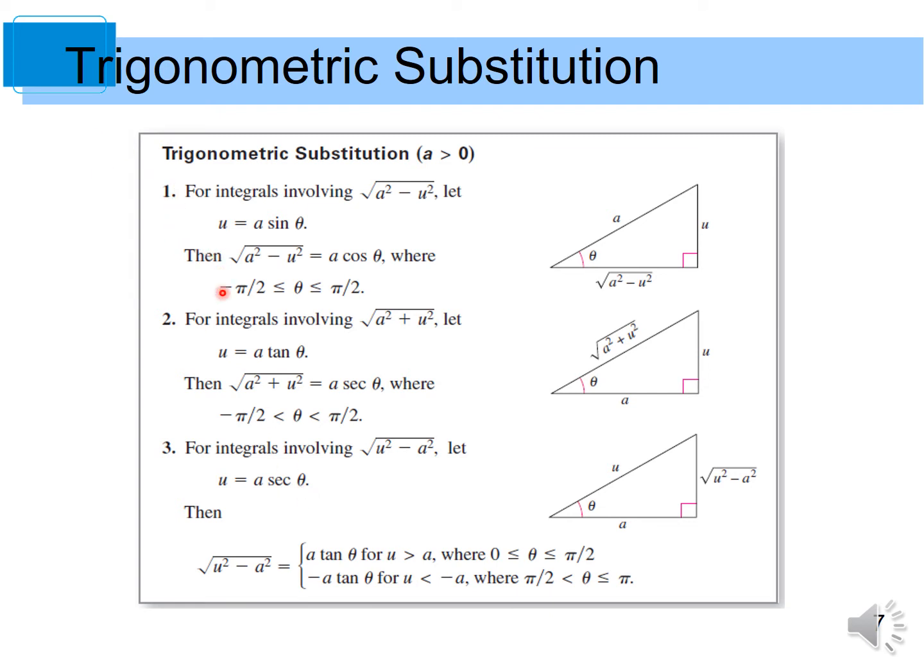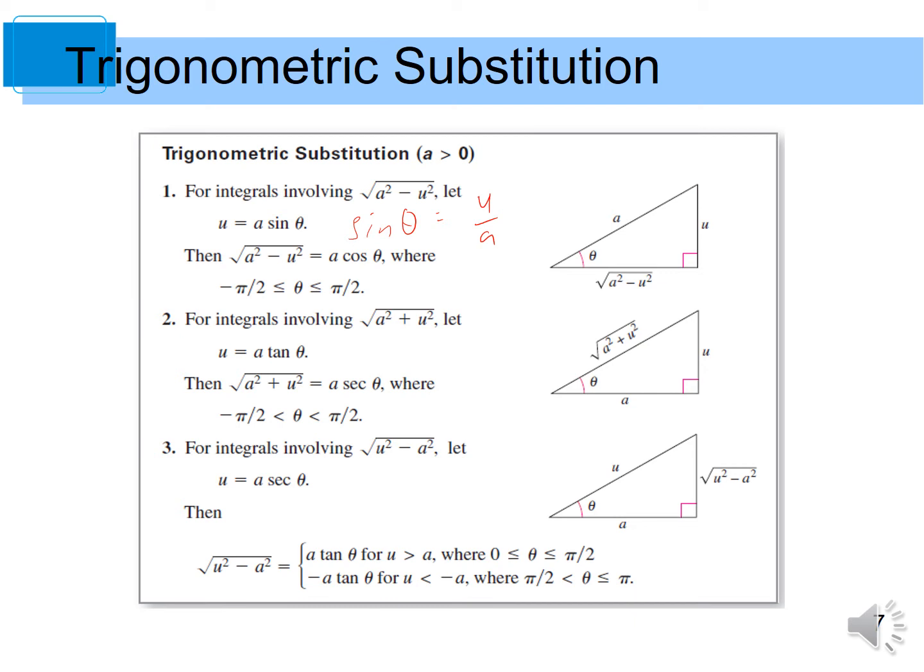Once we have the u equation, we can use the trigonometric rule. First, sketch the triangle and apply the trigonometric rule. From the first one, we have u equal to a sine theta. So we can say sine theta is equal to u over a, where the sine rule is opposite over hypotenuse.